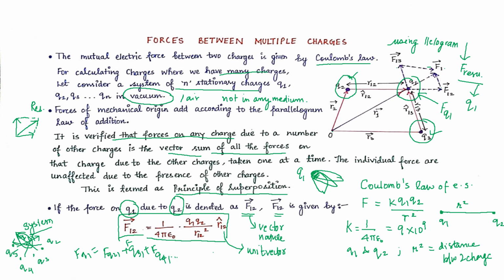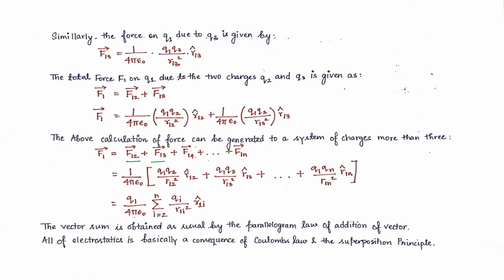Moving on to the next slide. Similarly, the force on Q1 due to Q3 is given by Coulomb's law only, as F13 equals 1 by 4 pi epsilon naught into Q1 into Q3 divided by R13 square, into R cap 13. Here R cap again is a unit vector.